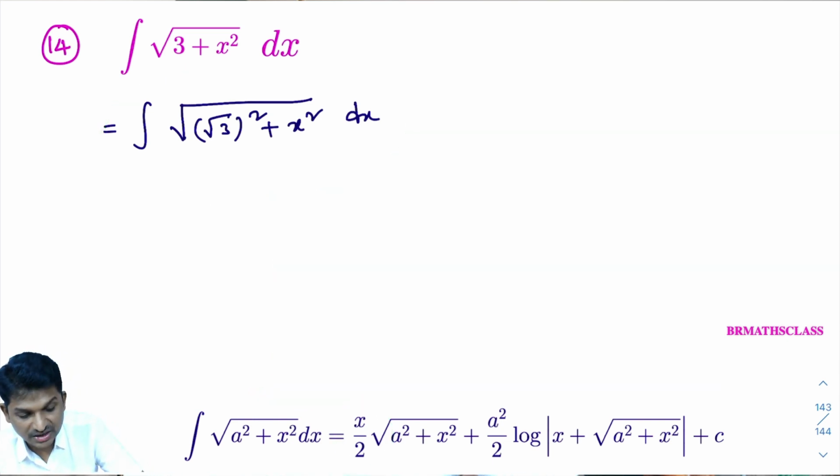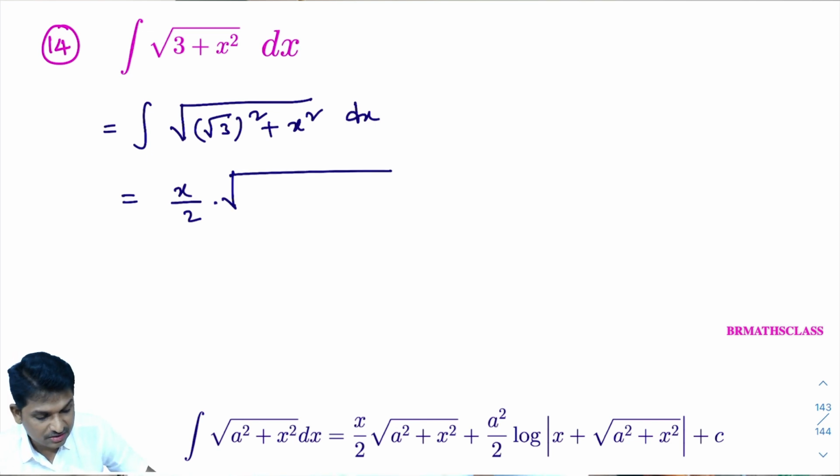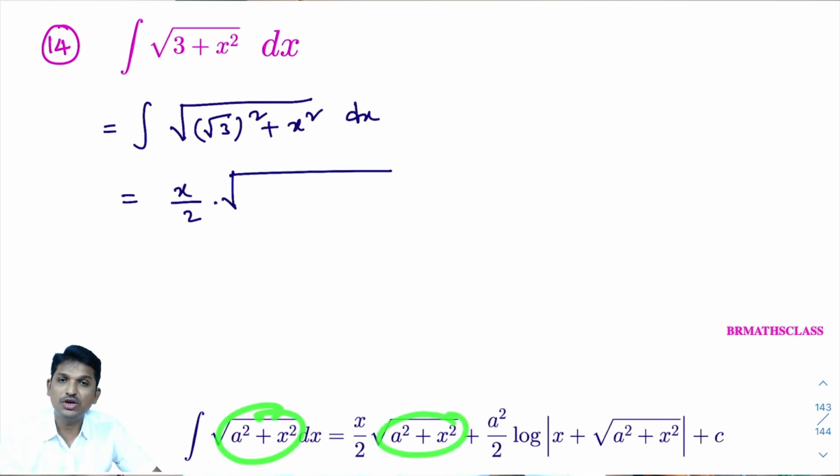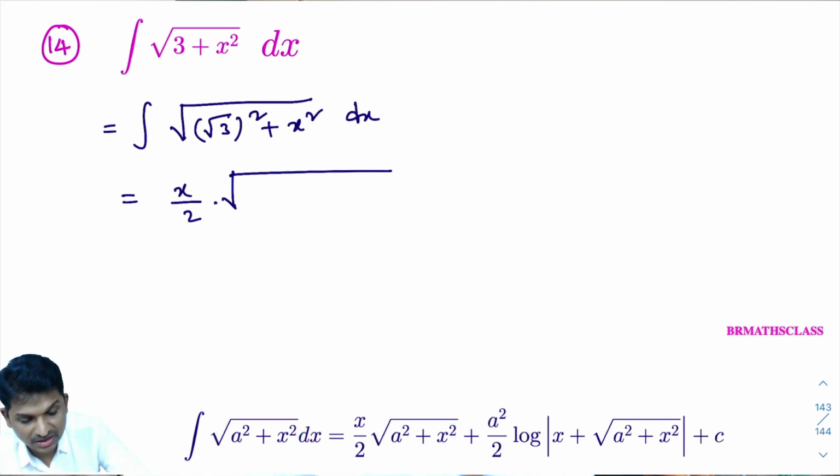x by 2. What is x? x is x only. x by 2 into root over a square plus x square. This is there in the question only. Root over a square plus x square, that is root over 3 plus x square. Plus a square by 2.